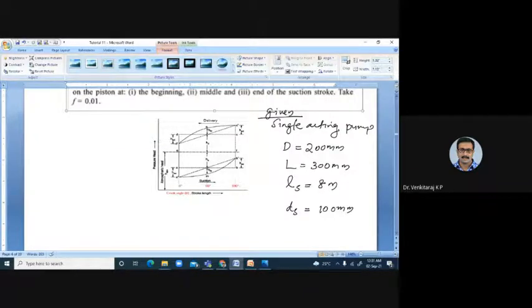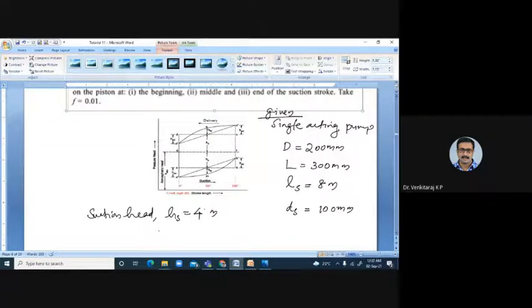Then the water surface in the sump is 4 meter below the pump axis. So the distance between the sump level and the pump center is 4 meter. That means the suction head HS is given as 4 meter.